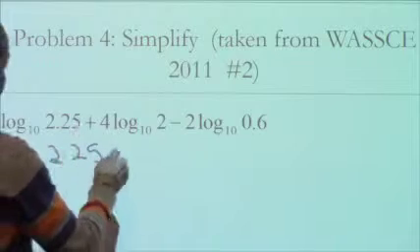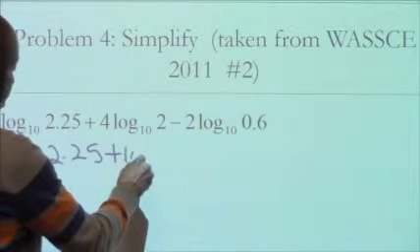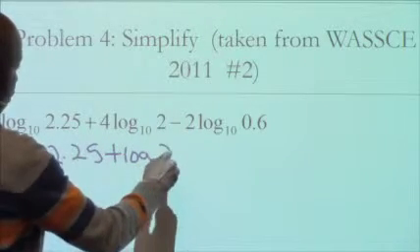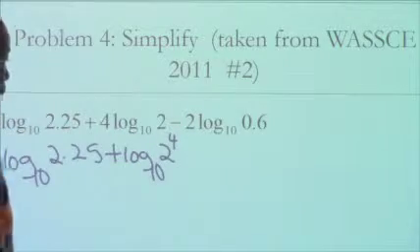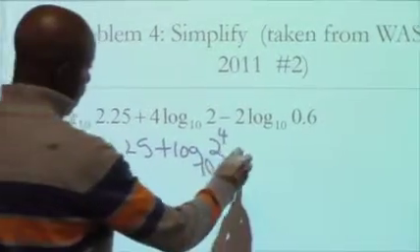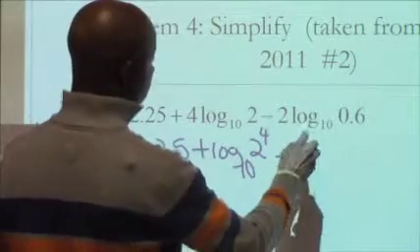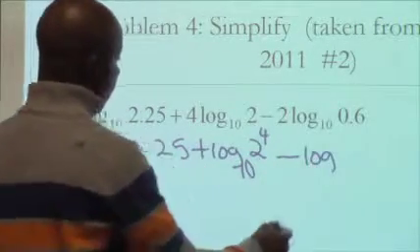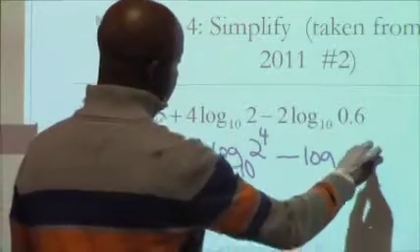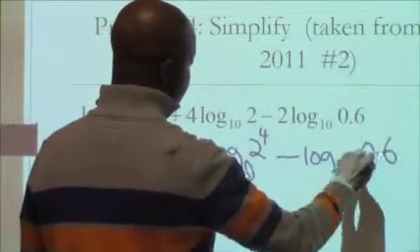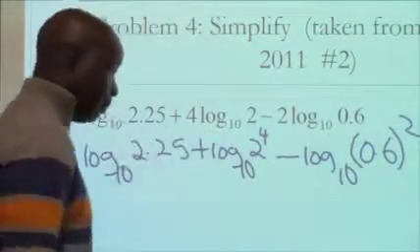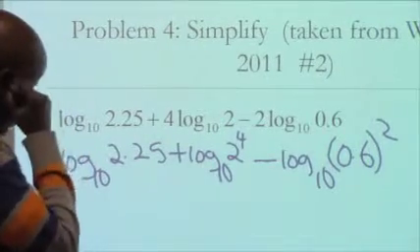But before we do that, let's rewrite this part as log base 10 of 2 to the 4th power, minus log of 10, 0.6 squared.